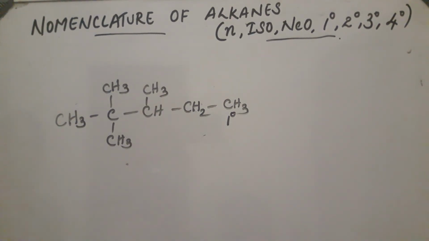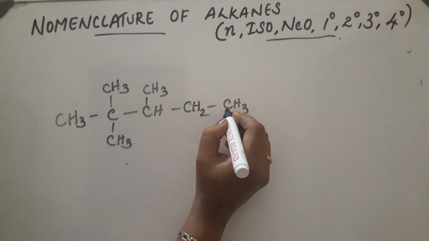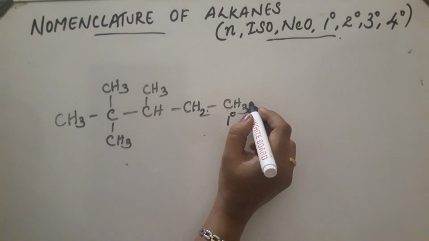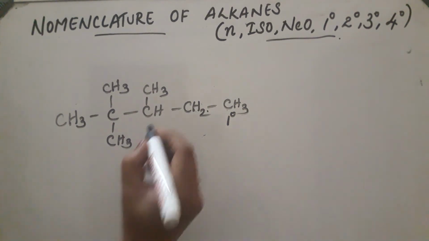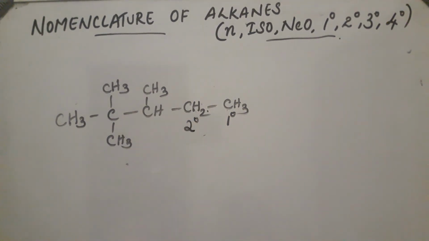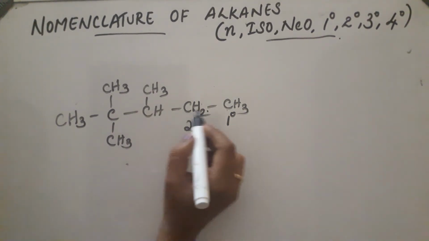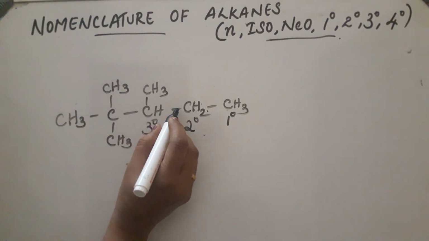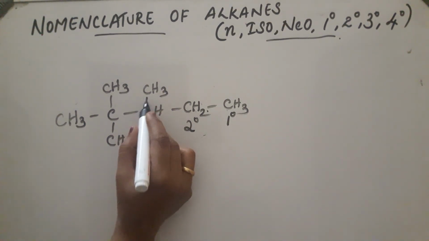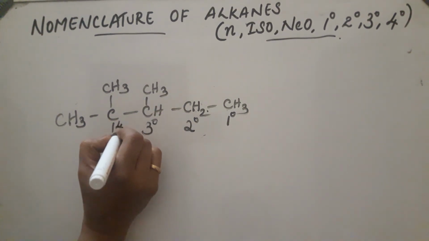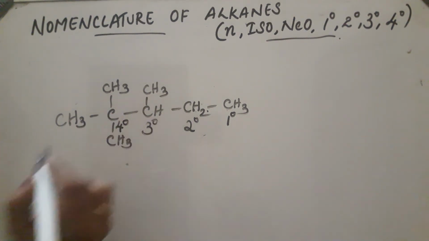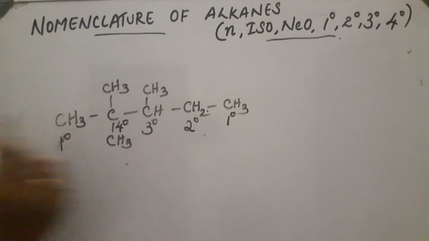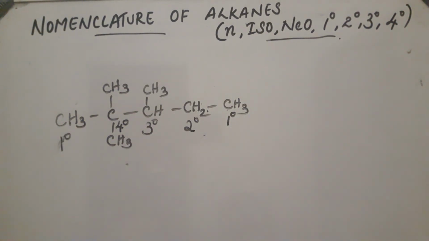Why? Because this carbon atom is attached to only one carbon atom, and all the other 3 atoms are hydrogen. And this is secondary. Okay, in this case, this carbon is attached to 2 other carbon atoms, and in this case, the carbon is attached to 3 other carbon atoms, 1, 2, 3, and in this case, the carbon is attached to 4 other carbon atoms. And this is again primary because this carbon atom is attached to only one carbon.